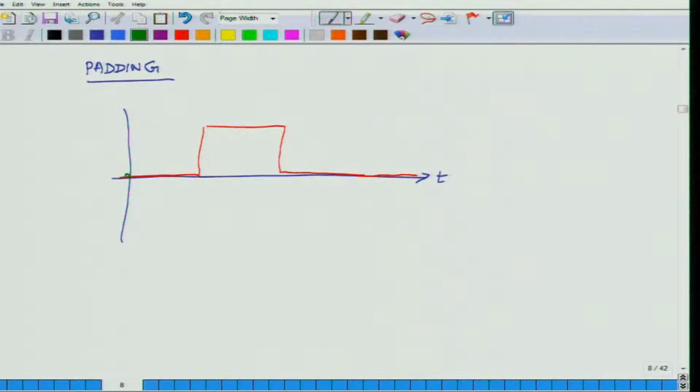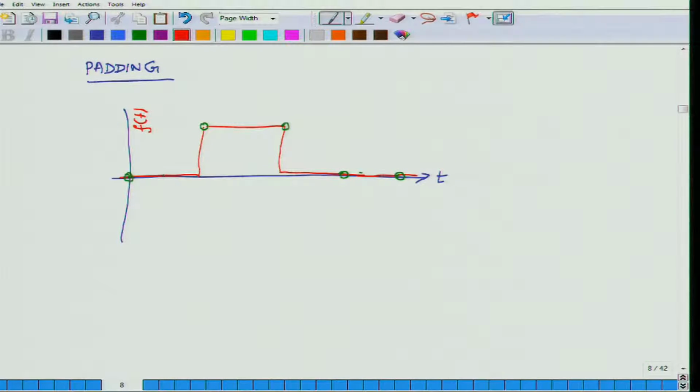Now, I can discretize it here, here, here, here. Let us say these are all equal intervals. This is the amplitude, right? Or let us say this is f of t. Okay.